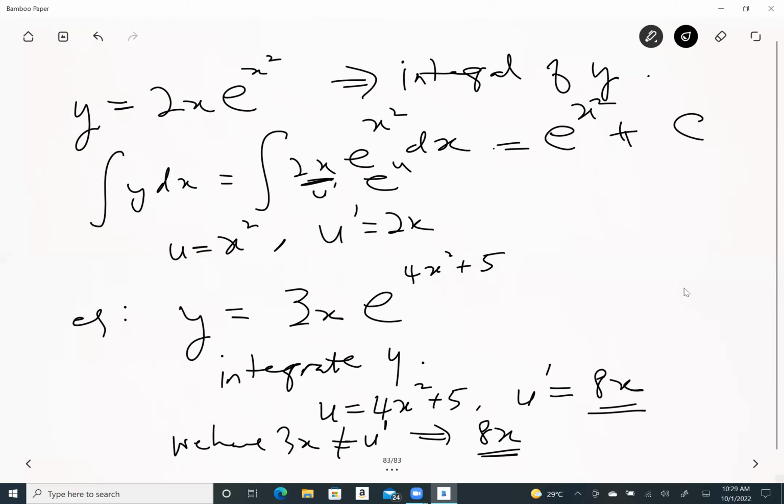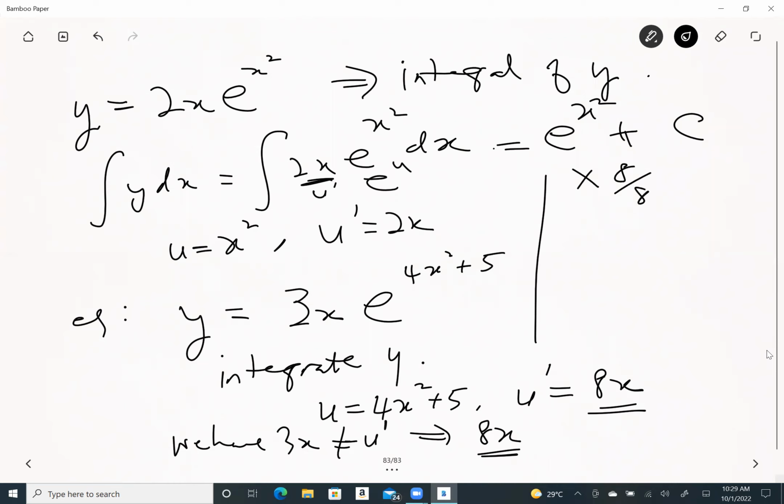Okay. What do you multiply that with? The ratio of 8 over 8. You multiply by 8 over 8, then you will get 8x. And of course, there is a 3 there. You bring it out, 3 over 8. And of course, 8 over 8 equals 1.